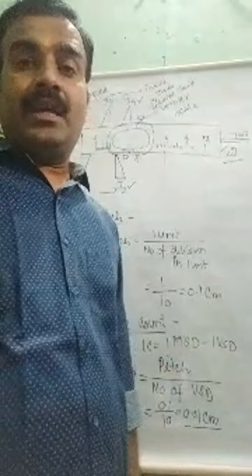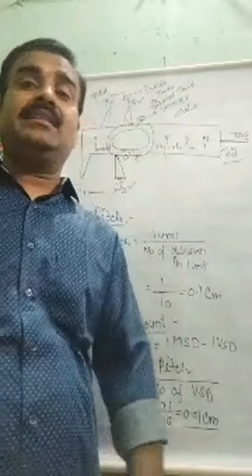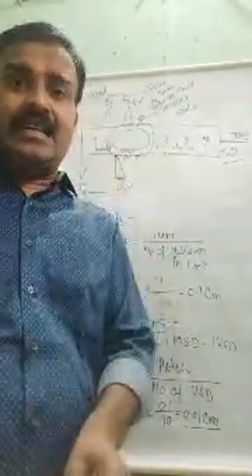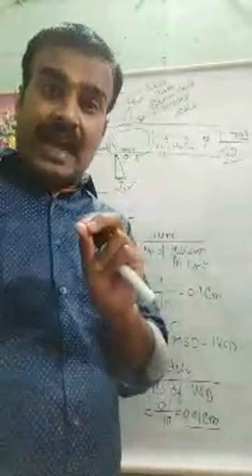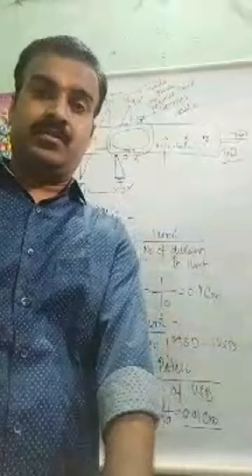you are not going to get an accurate reading for the accurate measurement of any length, any diameter, any radius. For accurate measurement, it is compulsory to find out the least count.